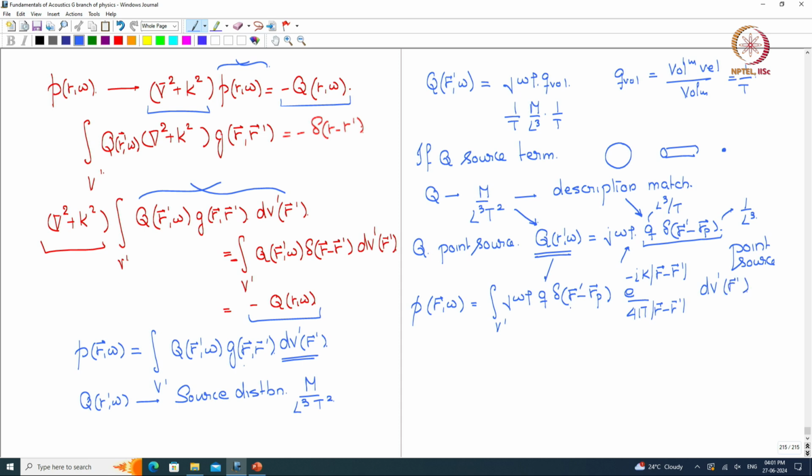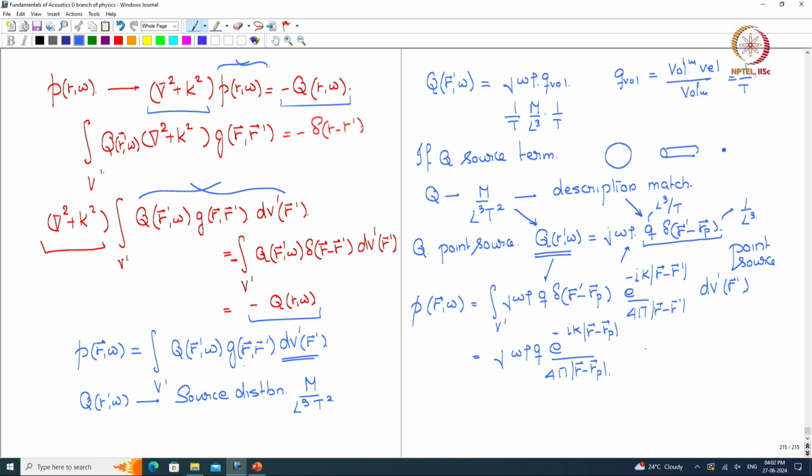So this r' will be replaced by rp, so what I get is j omega rho q e to the power of minus j k |r minus rp| by 4 pi |r minus rp|.